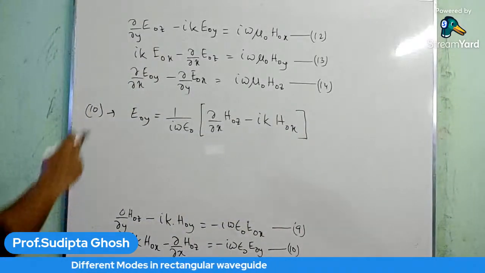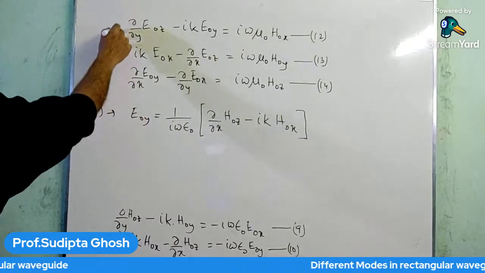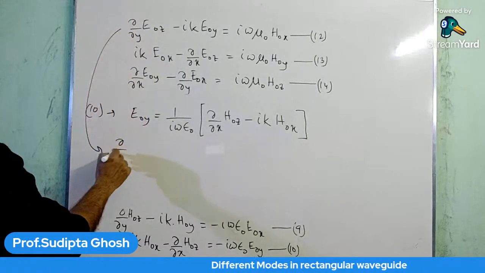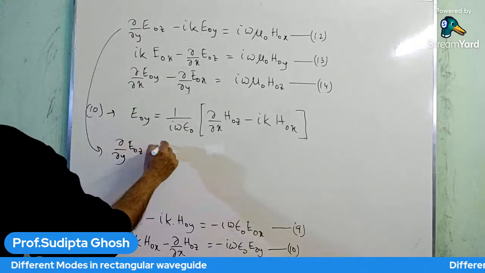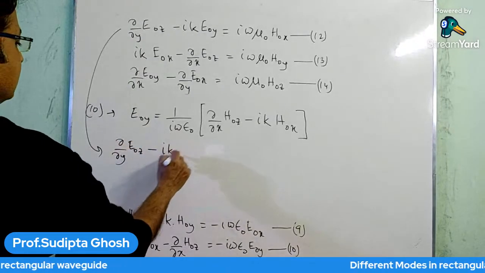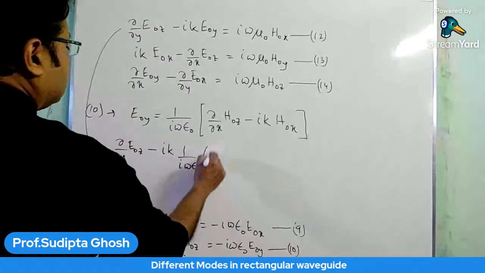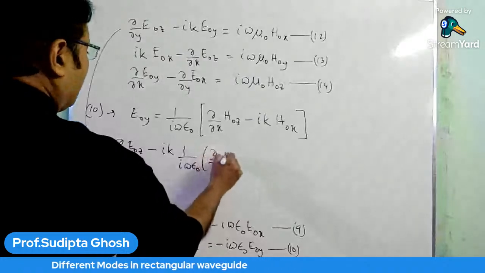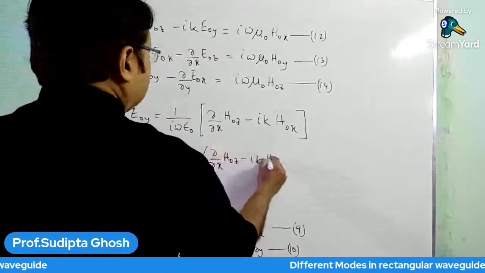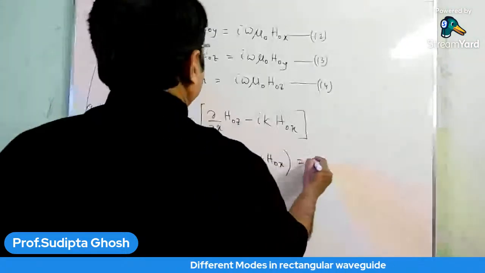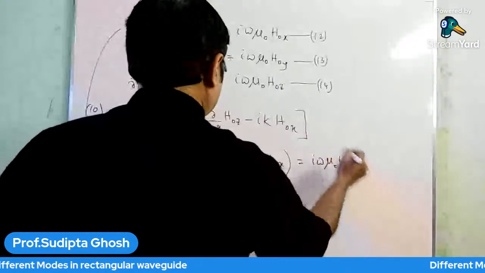Now this value of EOY I am going to substitute in equation number 12. So it will be del y of EOZ minus IK, then EOY, that is 1 by i omega epsilon 0 del x of HOZ minus IK HOX, then on the right hand side i omega mu 0 HOX.